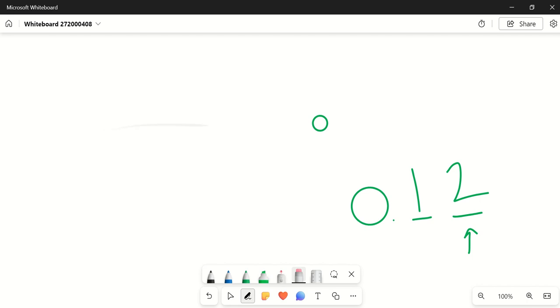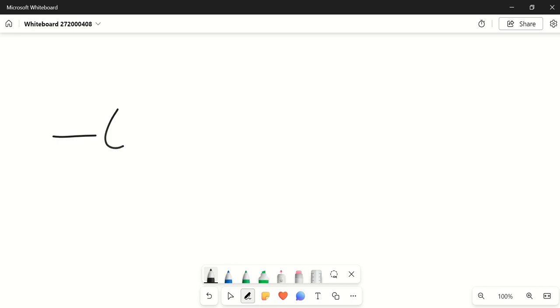Now, this last one is a mixed number, and that's something that we're going to go over now in review. This is -6 and 1/2. So, in order to change a fraction into a decimal, we need to make sure that it is an actual fraction. This one, we can do 2 ways.